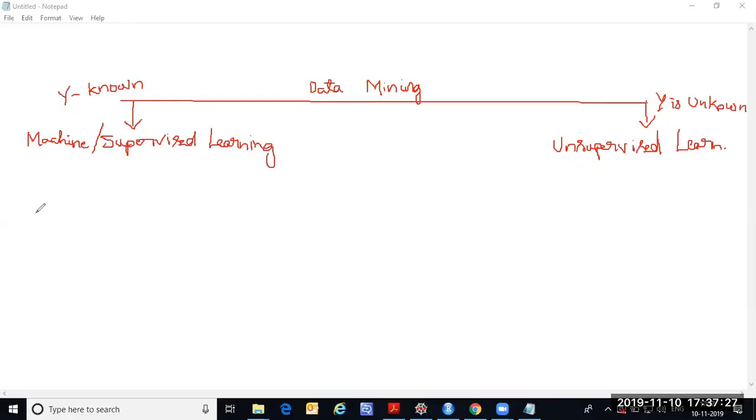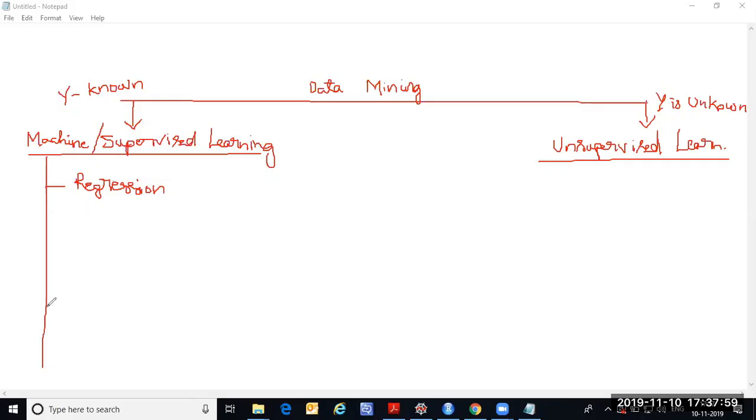Clear? So as part of supervised learning, we're going to learn two broad categorizations again. One is regression problems. The second one is classification problems.